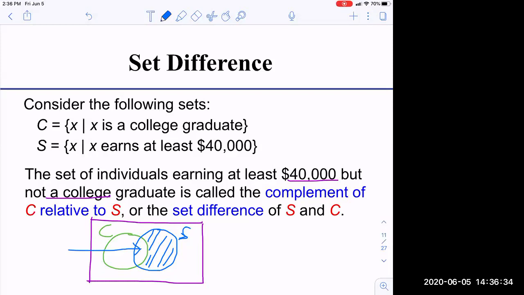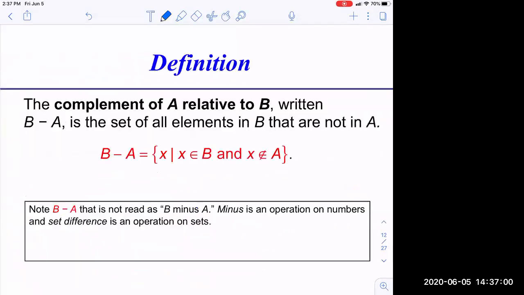So this is the complement of C. Remember, complement means everything not in C, relative to S, because it's the stuff in S that's inside the complement of C. You may also see this as the set difference of S and C.